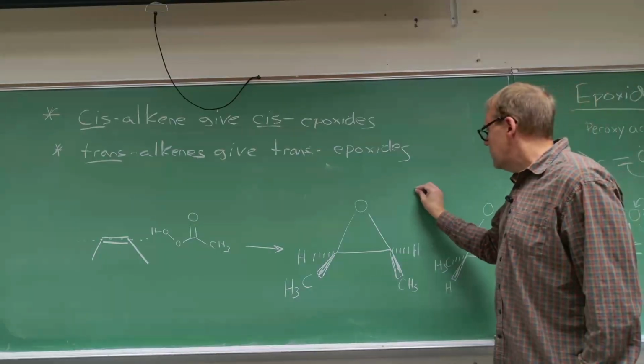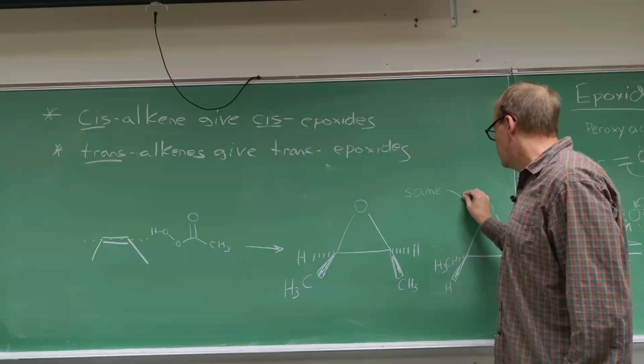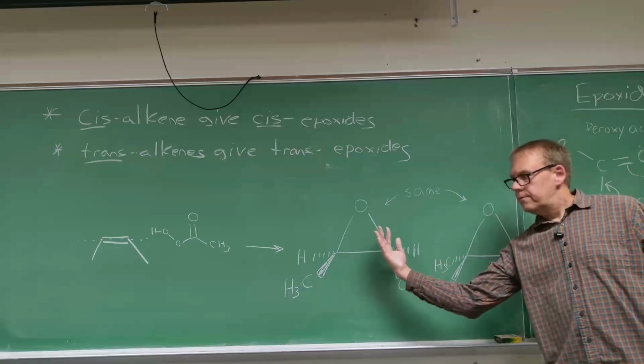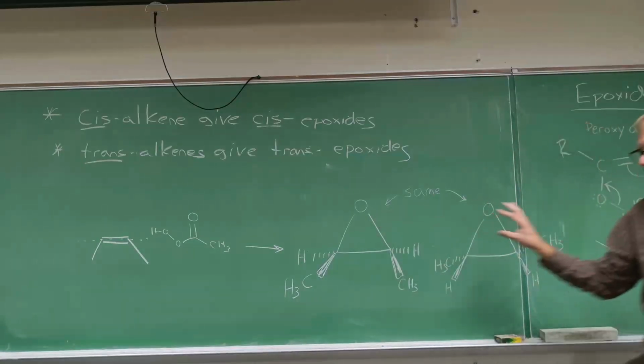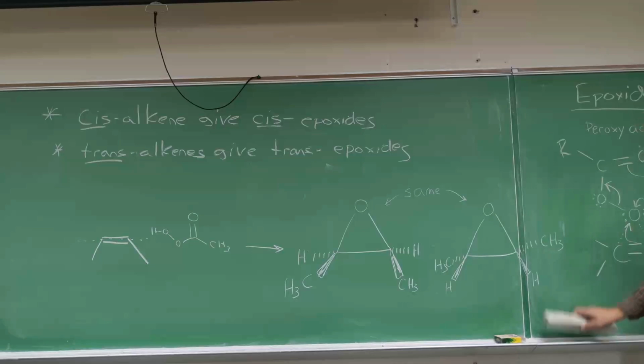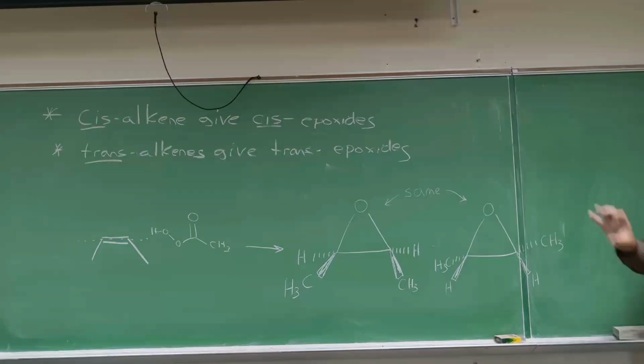This isn't always true, but in this example, these molecules are the same. If you took this one and flipped it over, you could lay it exactly on top of that one and you'd have the same molecule. That doesn't always work for cis alkenes, just symmetrical cis alkenes where the two groups on either side are exactly the same.